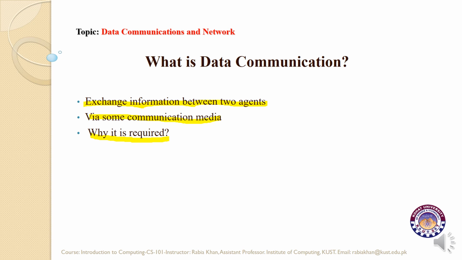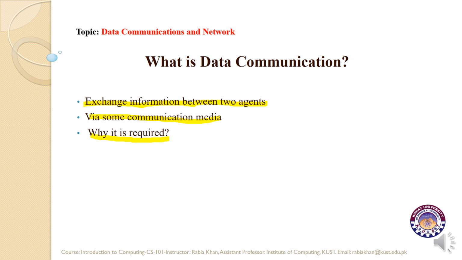There are different reasons why we perform data communication. For example, data communication is required for resource sharing, such as we can share printers with different computers and storage devices. For example, you normally store your emails on some third-party storage devices.